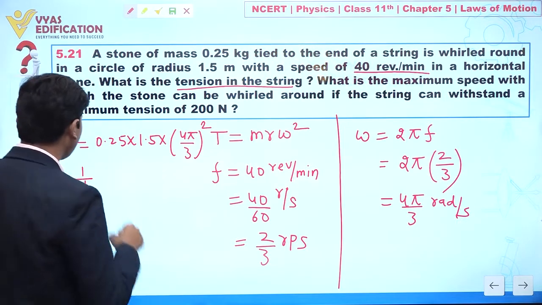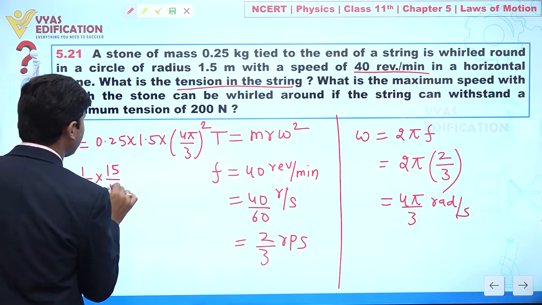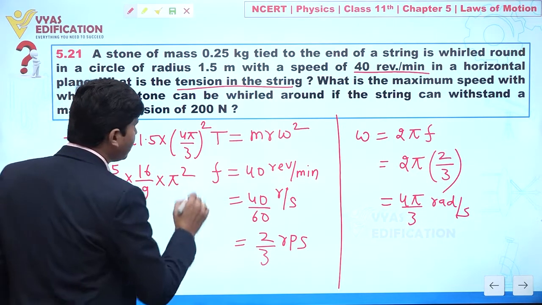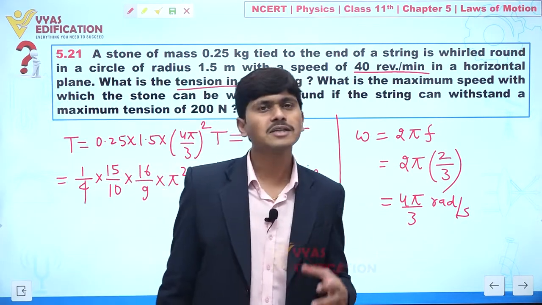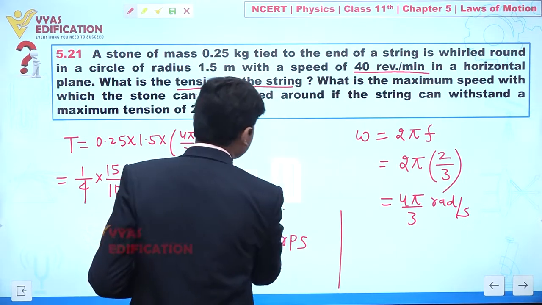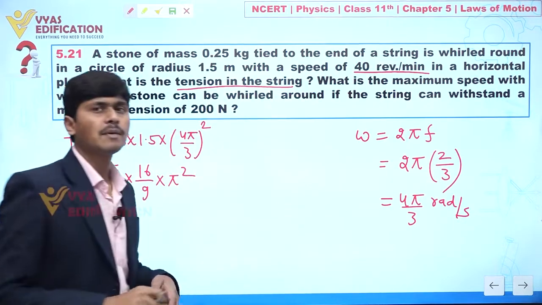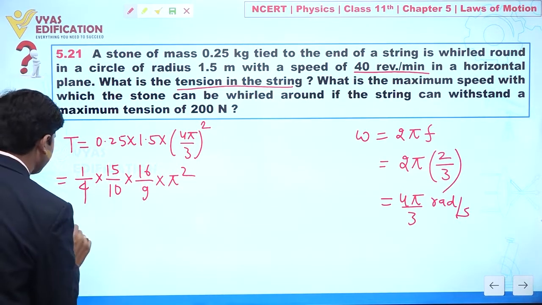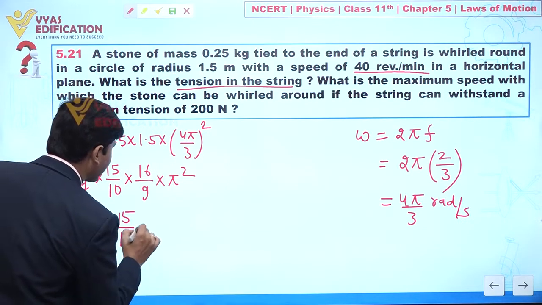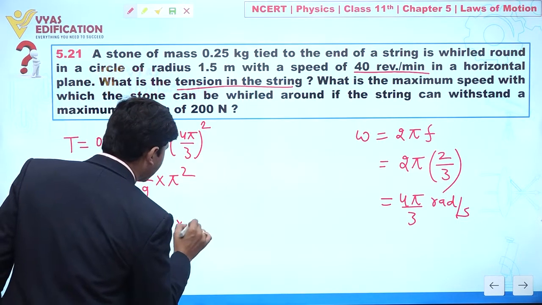From here we can see 0.25 is 1 by 4, 15 by 10 into 16 by 9 into pi square. Approximately, pi square is approximately 10, yes or no? Always keep in mind some results like this. So we can say the approximate value is 1 by 4, 15 by 10 into 16 by 9 multiplied by 10, clear.